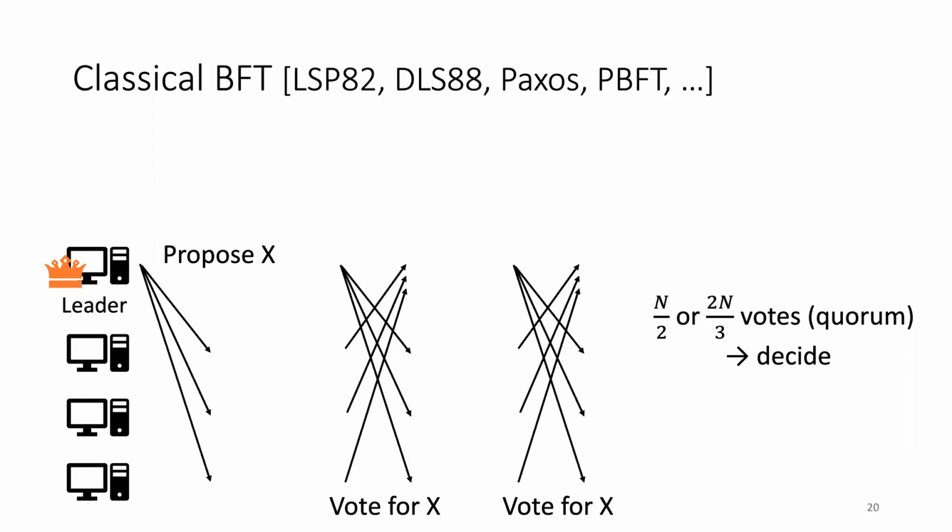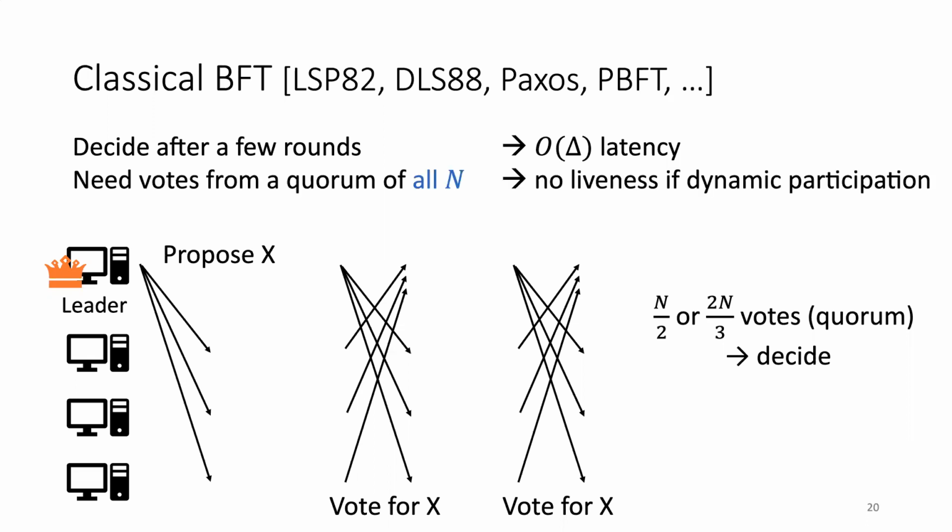So as you can see, this is very good latency, just a constant number of message delays. But this is not dynamic participation, because the number of votes we require is defined based on the total population, the total number of potential participants, which I'll call big N here.